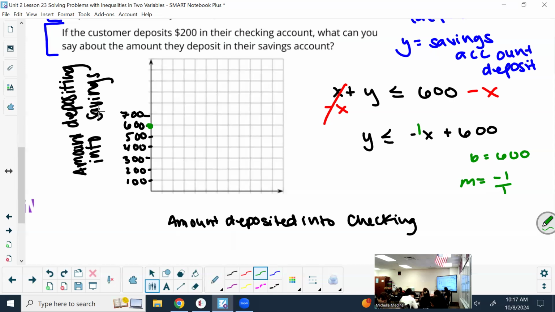Now, this only works nicely if my x-axis is also going up by the same amount. So if this is going up by hundreds, I'm not going to want to switch this if I want to be able to go down 1 to the right one. So this would have to be also by 100s.